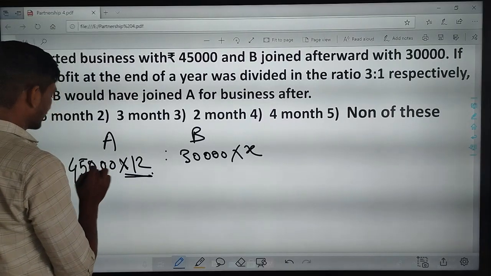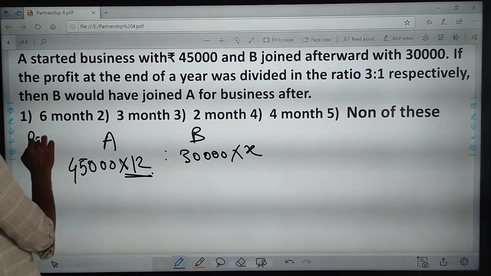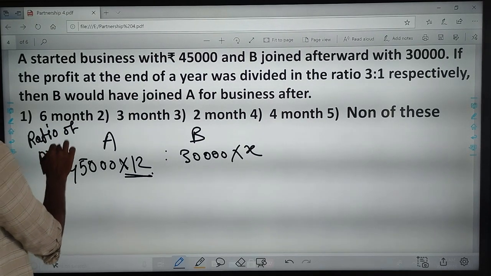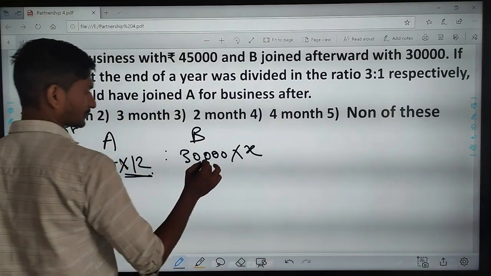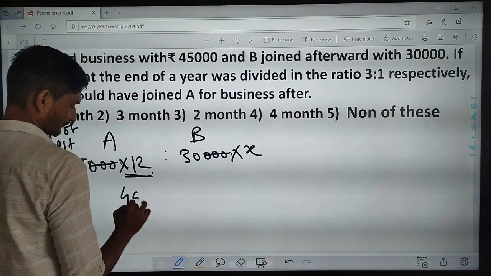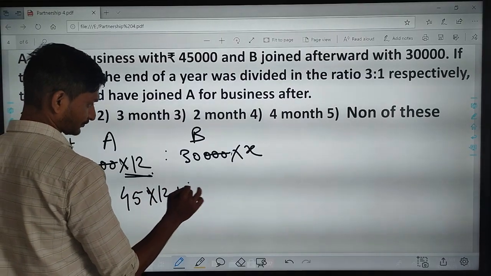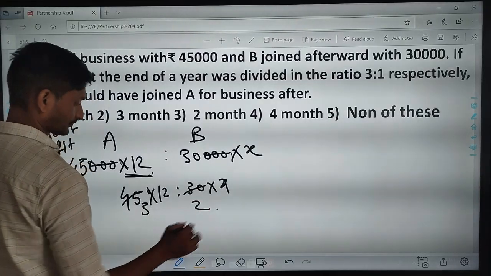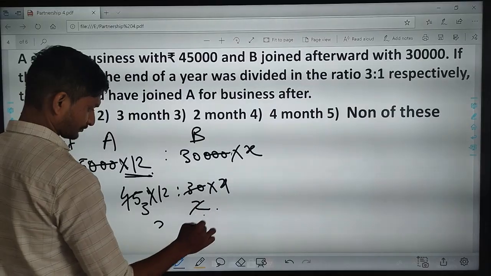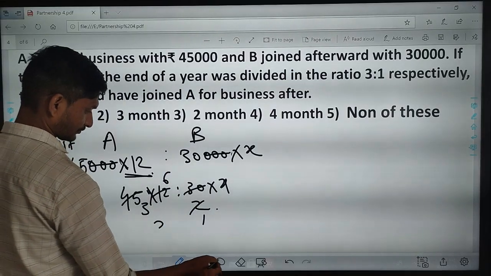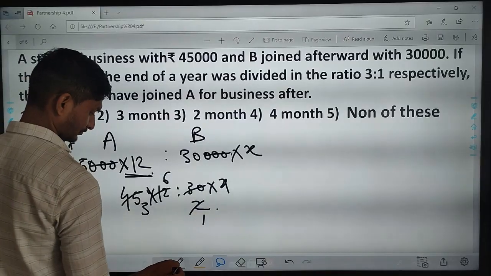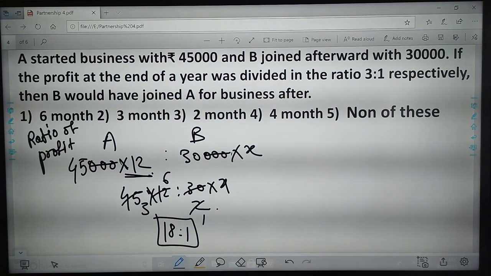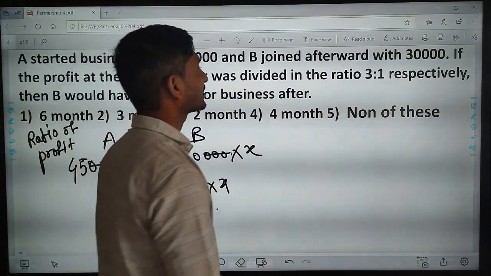Now here the ratio of profit. The ratio of profit of A as to B is 18:x, and here the profit is given as 3:1.